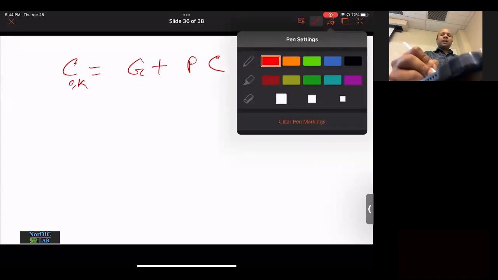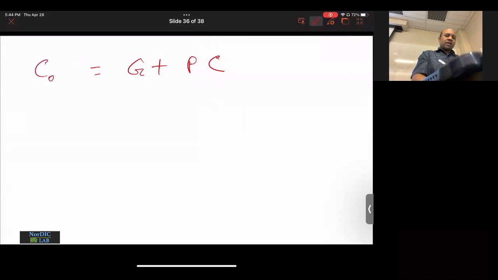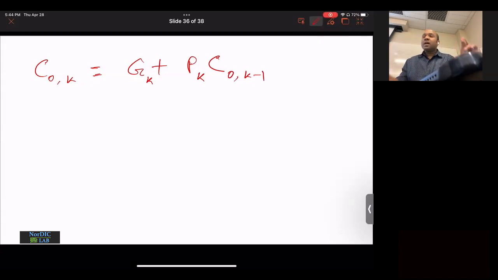Which one do you like, K or I? K is good. Okay. Given stage K: generate of that given stage, propagate of that given stage, and carry out of the previous stage. The carry out of the previous stage will be carry in of that stage, right? Any problem so far?